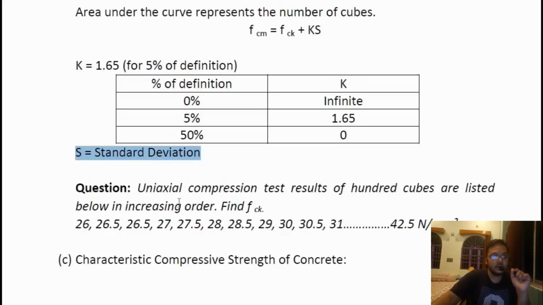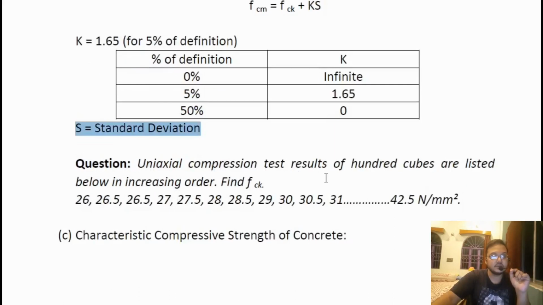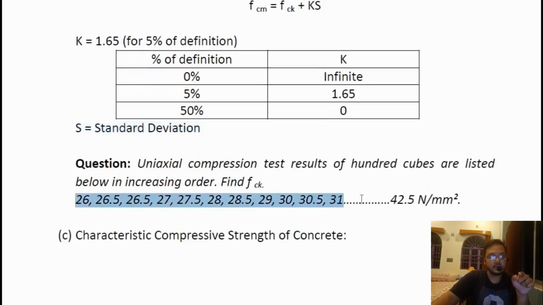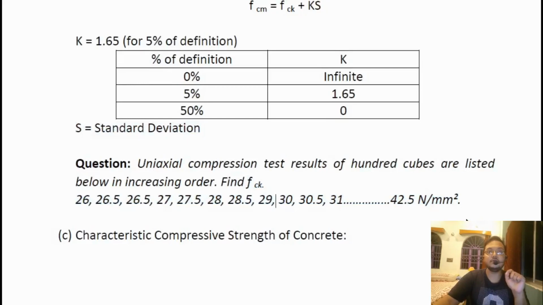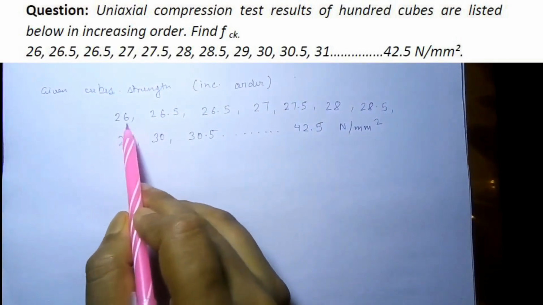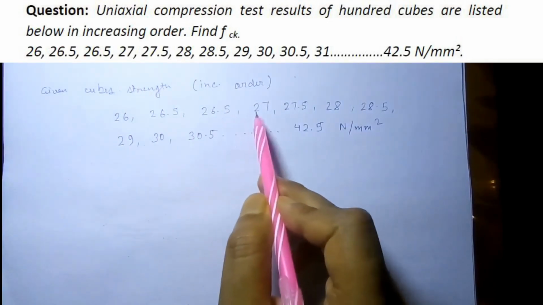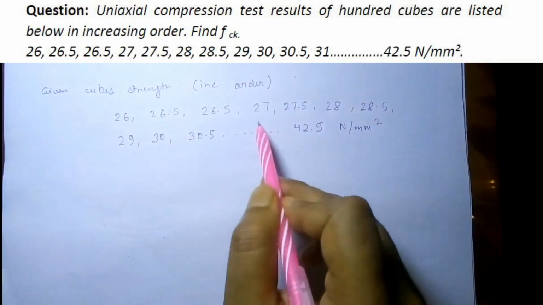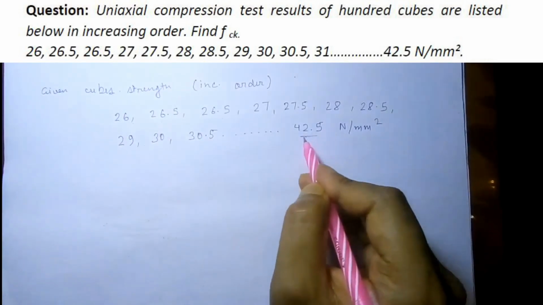So we have a particular question where uniaxial compression test results of 100 cubes are listed below, and we are asked to find the FCK. So let's try to solve this problem. We are given these cube strengths, starting from 26, 26.5, 26.5, and going till 42.5.